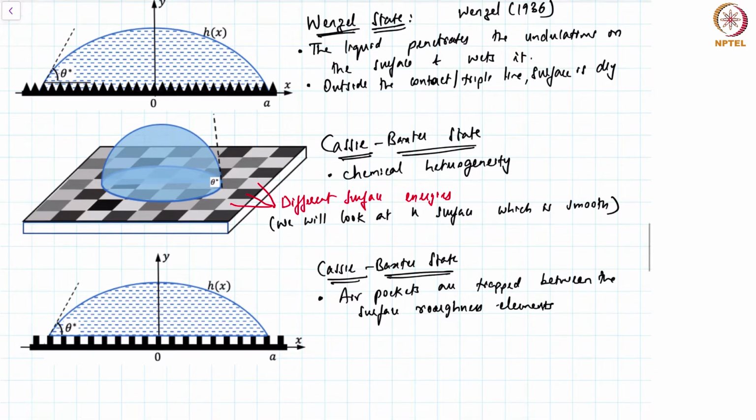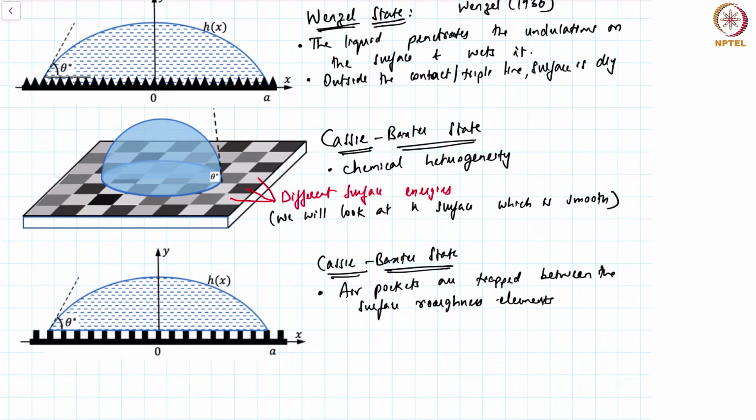So, in other words, these little regions that you see here, all these regions, are air pockets.